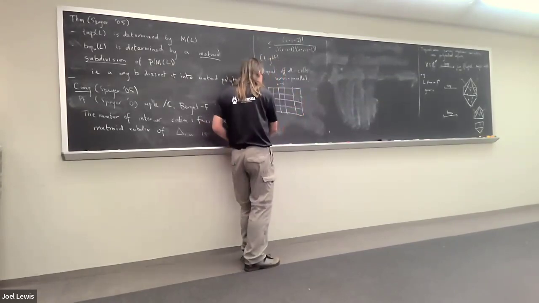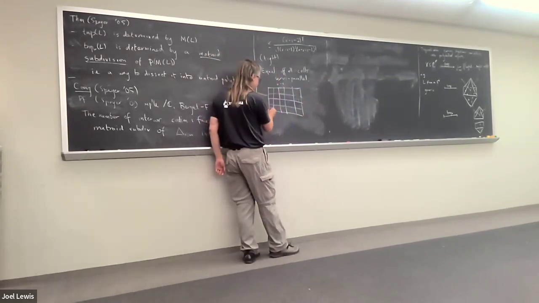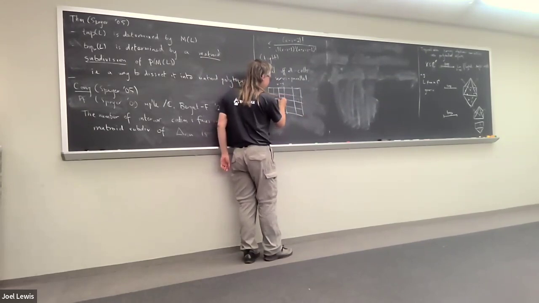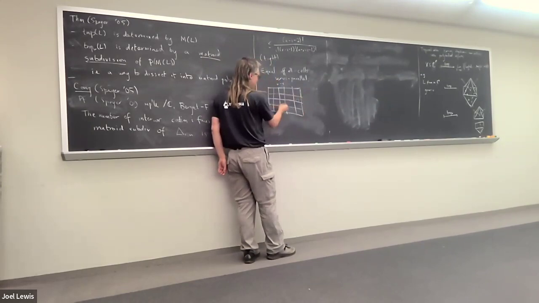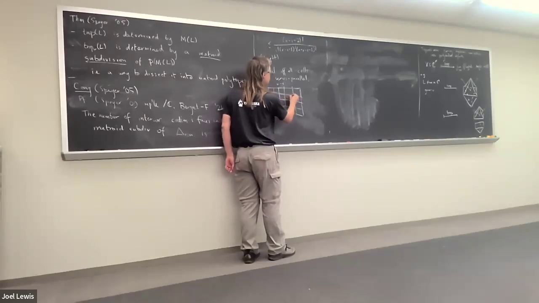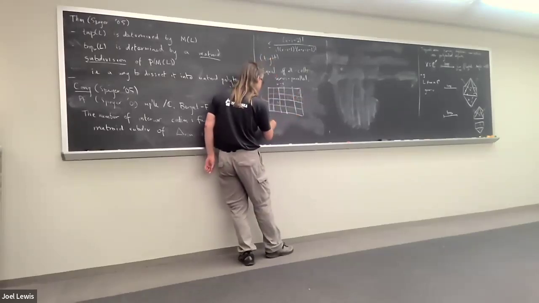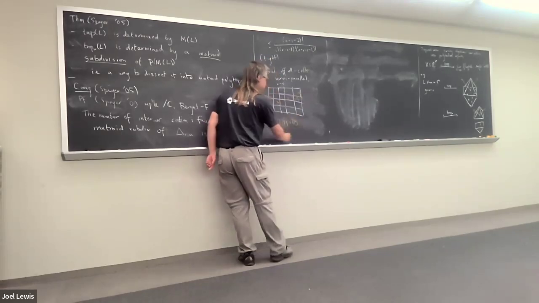Once I pick the skew shape, I say the bases of the lattice path matroid come from all paths that stay within the skew shape. And what is the basis? Well, I went up on step 1, 2, 3, 4, 5, 6, 7, 8, 9. I went up on steps 1, 4, 7, 9. So 1, 4, 7, 9 will be one of my bases.